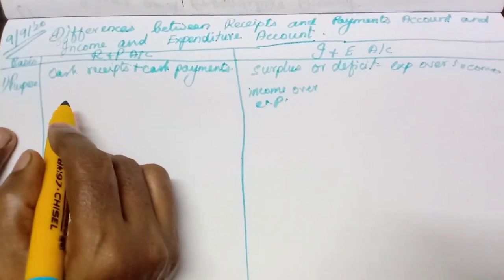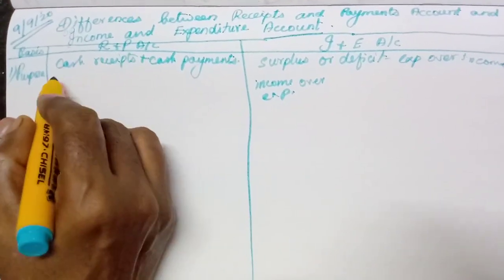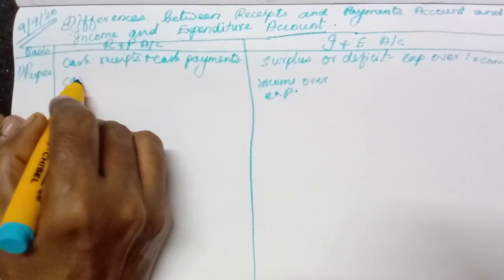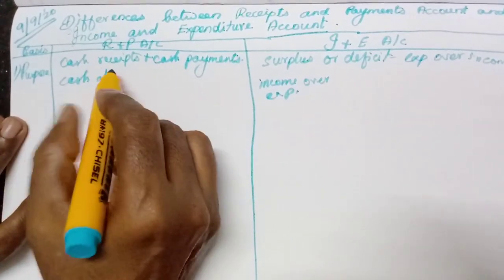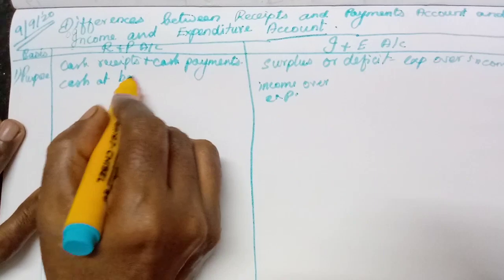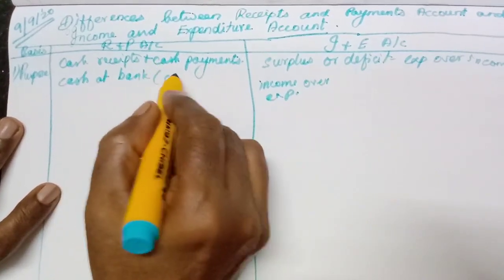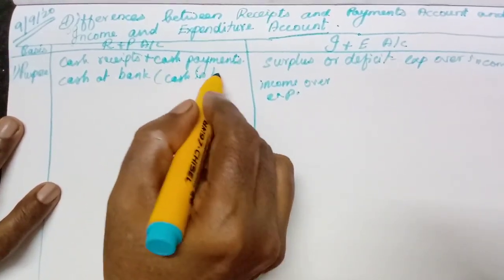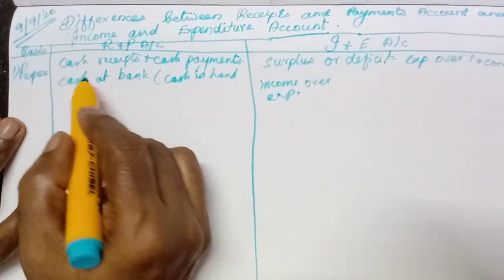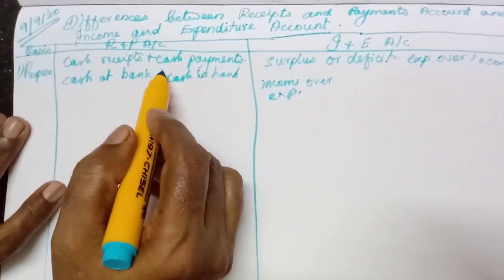So here we can find out the cash in hand or cash at bank at the end. We are preparing all the cash receipts and cash payments. That may be one purpose.